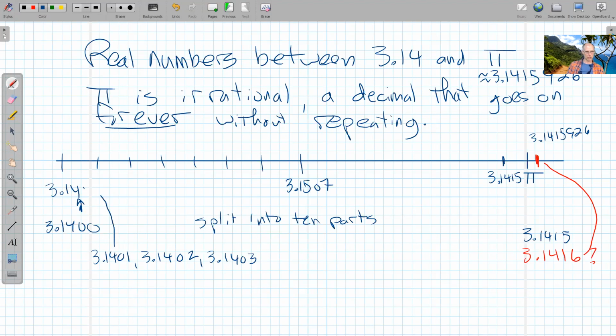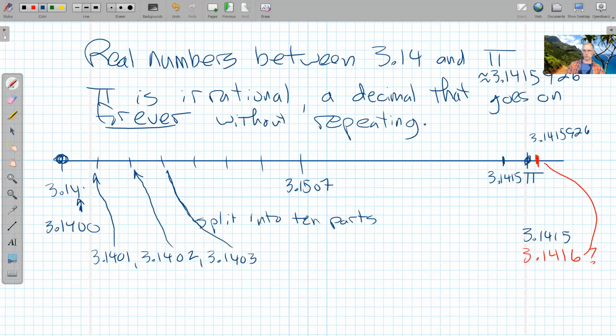So that would be about the position of 3.1401, and that would be 03 and so on. So I could easily put a whole bunch in there, but a little bit of care had to be taken to get them in there. And not enough care was taken to make sure the numbers you found were actually in between here and here, or in the right spot.